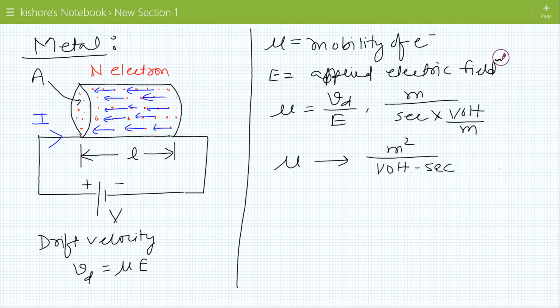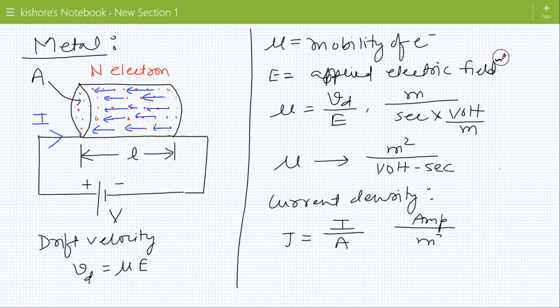Now the current density in case of metal is denoted by J. This is current flowing per unit area, that is ampere per meter square.